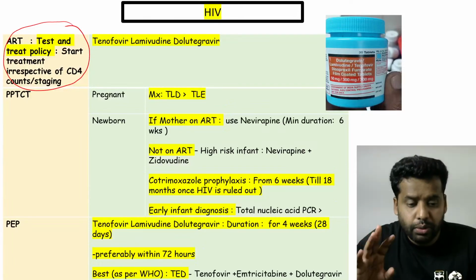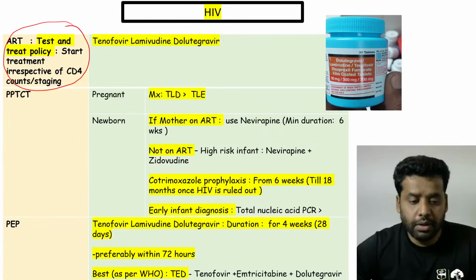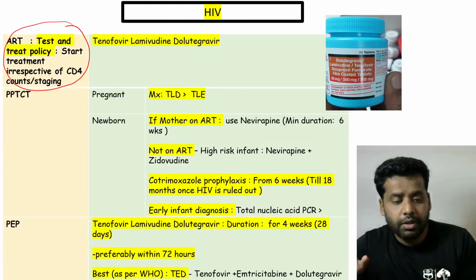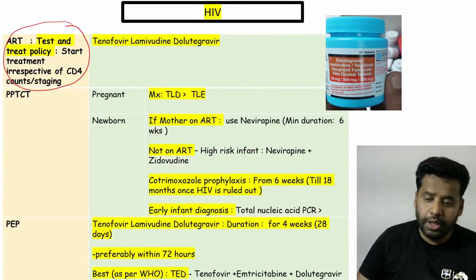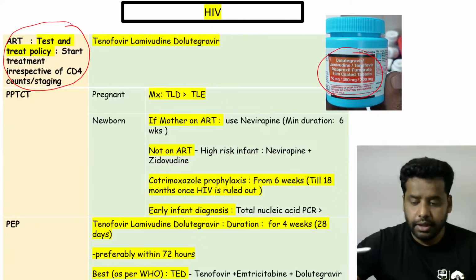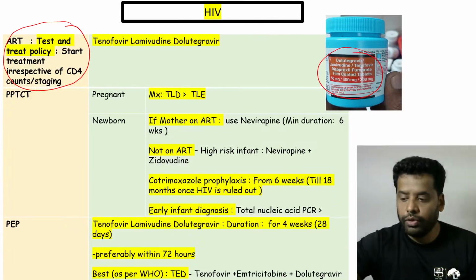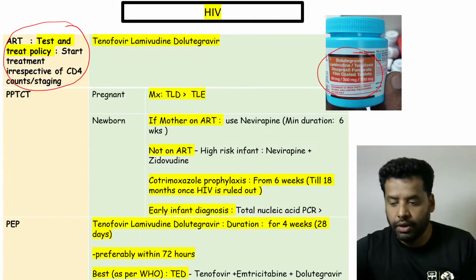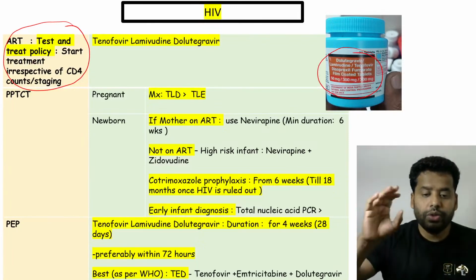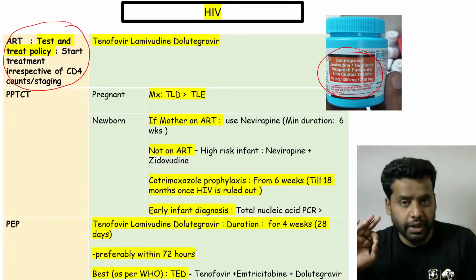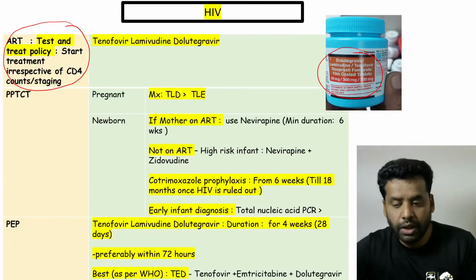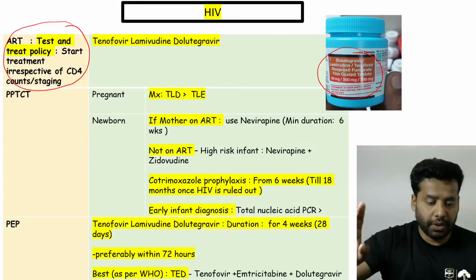As soon as diagnosed, irrespective of CD4 count and clinical staging, we have to start treatment. Now the combination used is TLD: tenofovir, lamivudine, dolutegravir. Before we used the TLE combination. Now we use the TLD combination, lifelong, as a 1 tablet fixed dose combination.